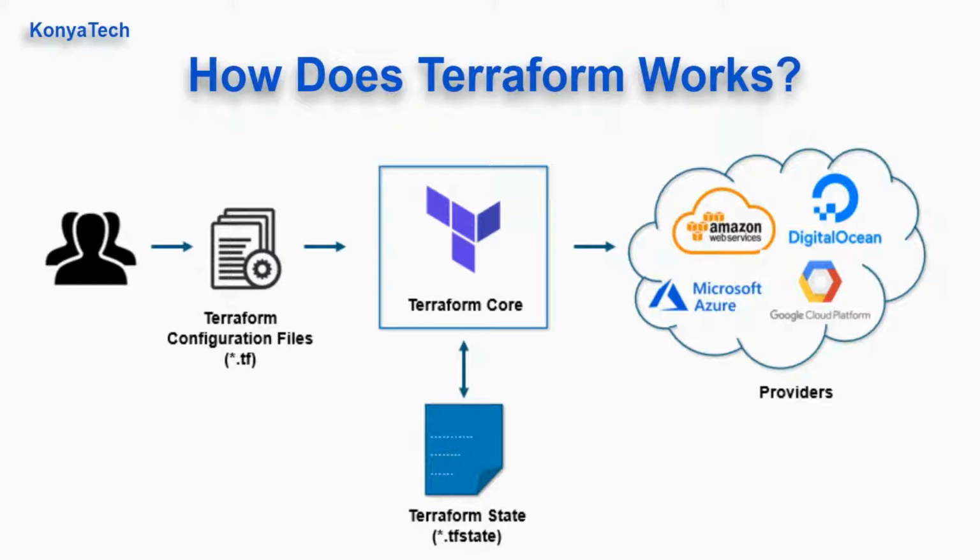So what is the Terraform core? The Terraform core uses two input sources to do its job. The first input source is a Terraform configuration that you as a user configure. Here you define what needs to be created or provisioned. The second input source is a state, where Terraform keeps the up-to-date state of how the current setup of the infrastructure looks.